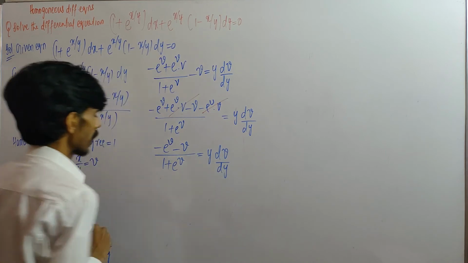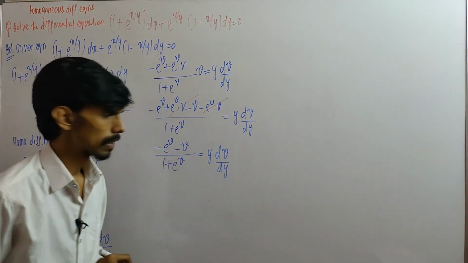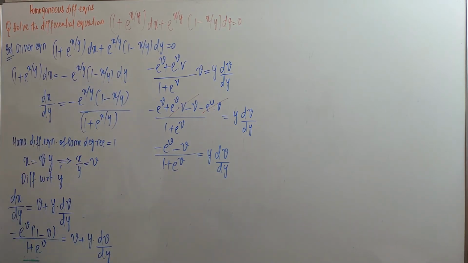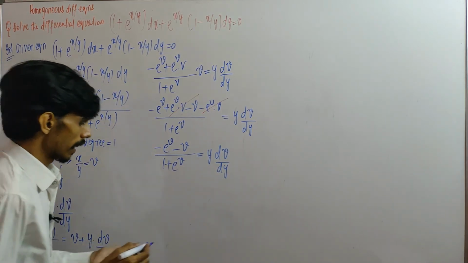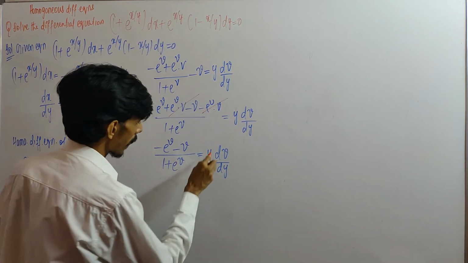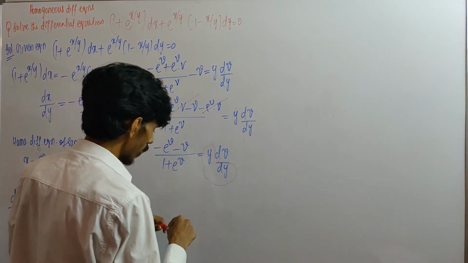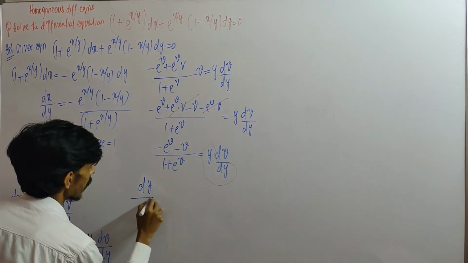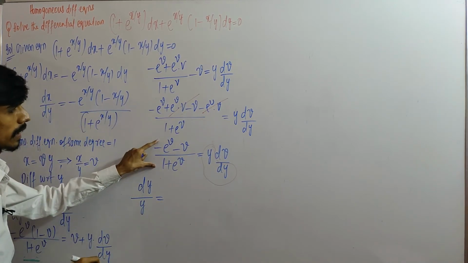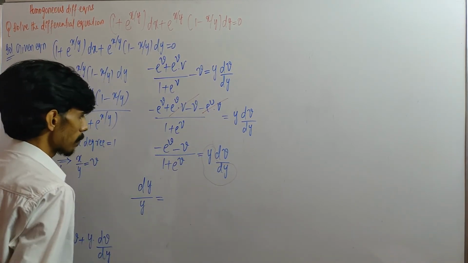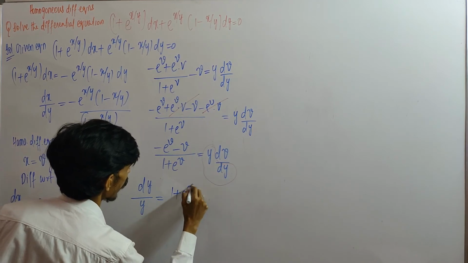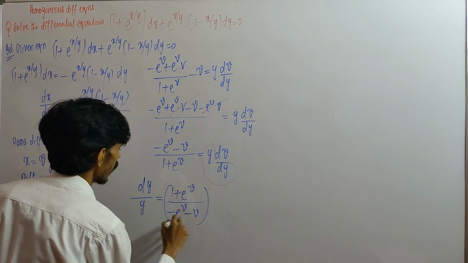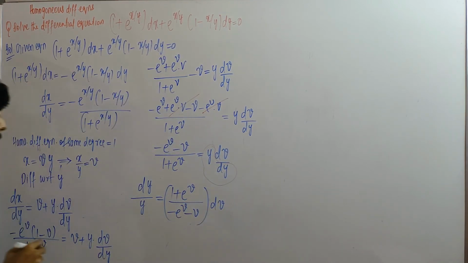We have two variables, one is y, other is v. So let us convert this into variable separable form. Take this y by dy to this side, so this will become dy by y. Send this term to that side, it will become reciprocal, that is 1 plus e power of v upon e power of minus v dv.